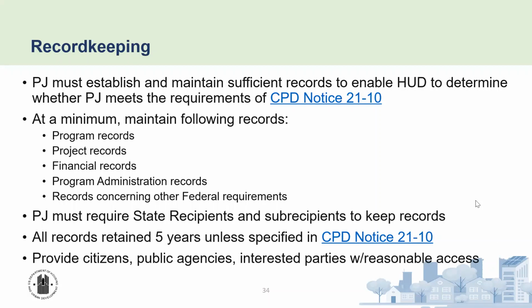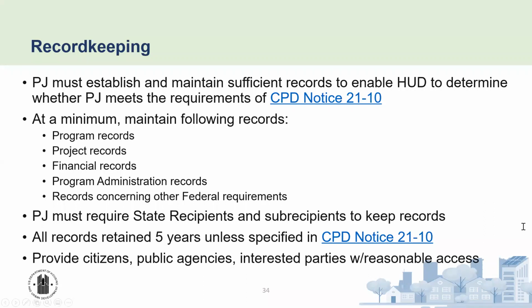So at a minimum, the PJ must maintain program records, project records, financial records, program administration records, and records concerning other federal requirements. Again, these are broad categories of types of records, and you're going to want to review the notice for the specific record-keeping requirements for each of those categories.